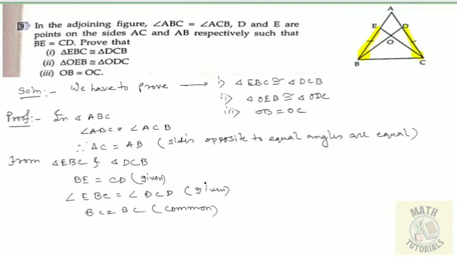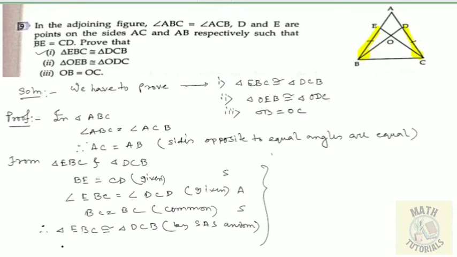Here you notice which congruence rule is maintained: first side is equal to side, next angle is equal to angle, and last side is equal to side. Therefore we write triangle EBC congruent to triangle DCB by SAS axiom.